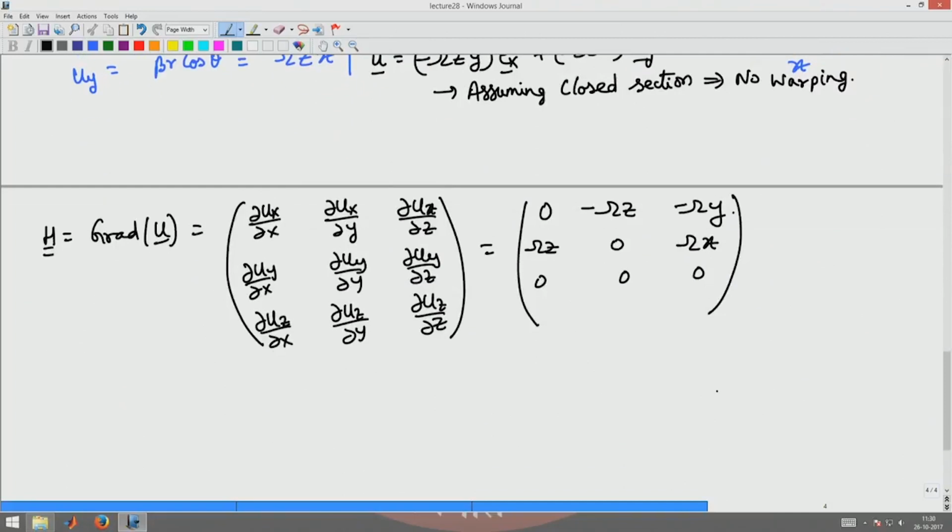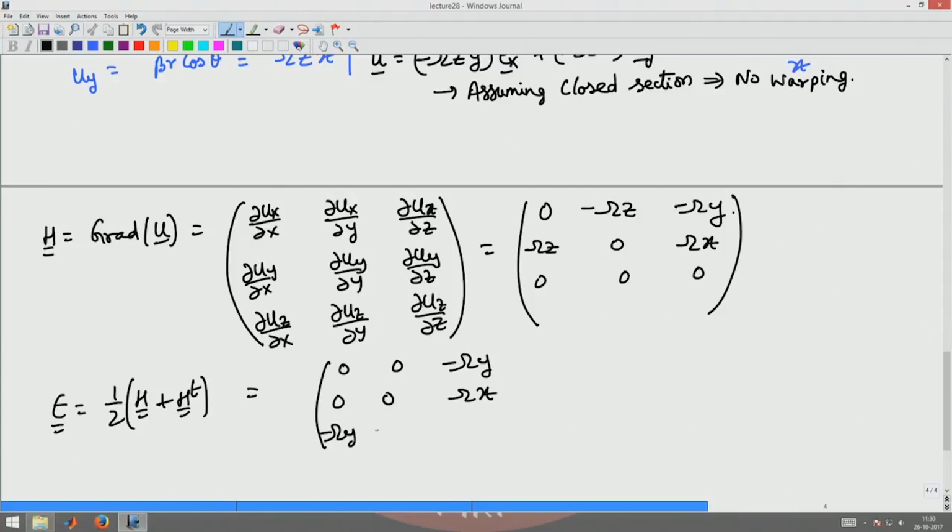Now I want to compute the linearized strain epsilon, that is 1 half H plus H transpose. So the epsilon xy term will get cancelled because it is skew symmetric in the xy component. So I will get 0, 0, minus omega y, 0, 0, omega x, minus omega y, omega x, 0, into half.